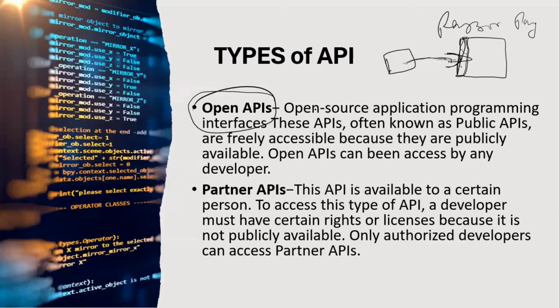In case of open API, there are several servers that have published their data publicly and freely, like weather forecasting.